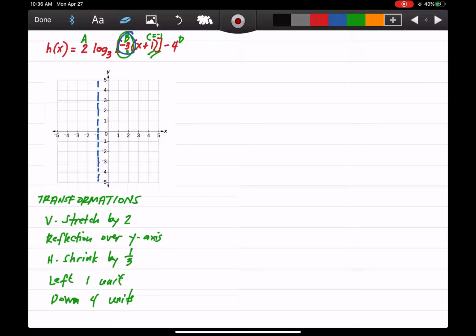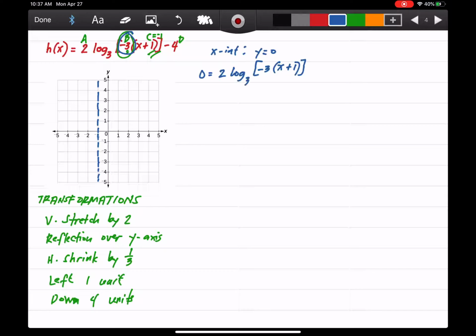So let's find the x-intercept. Just review, y equals 0, right? So h of x equals 0. So 0 equals 2 times the logarithm of -3 times x plus 1. This is your B and C right here.